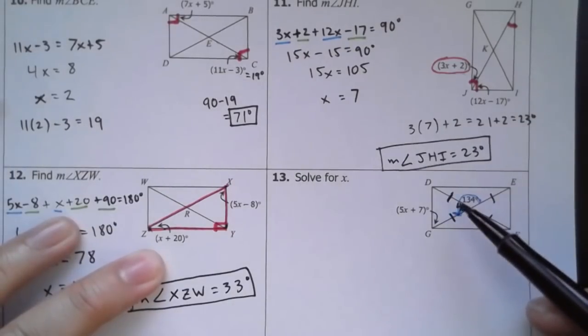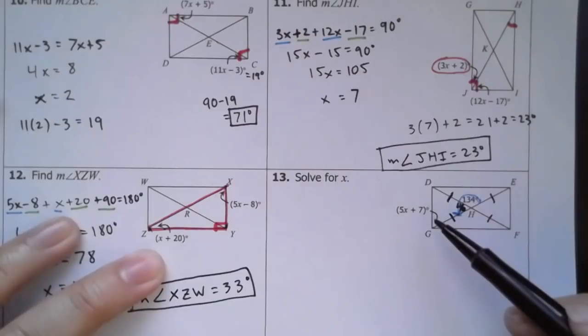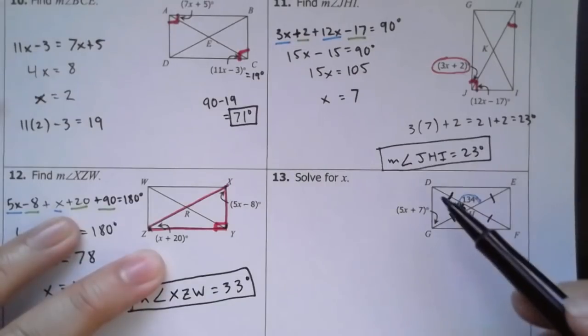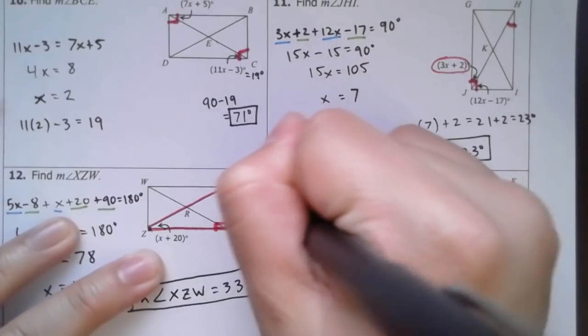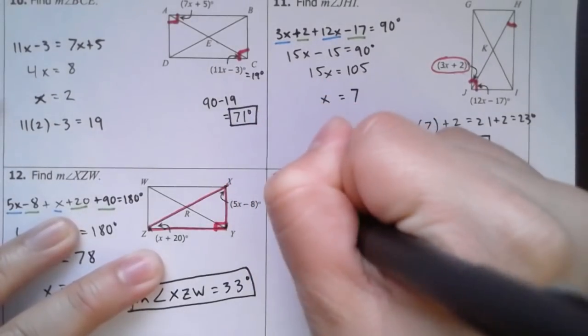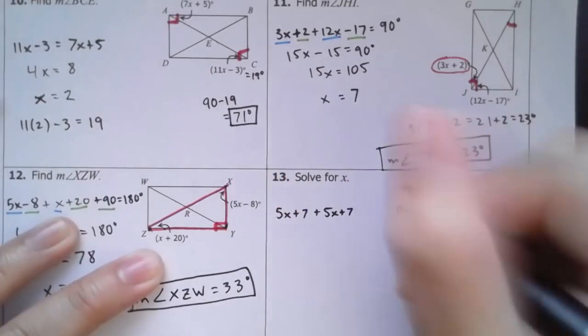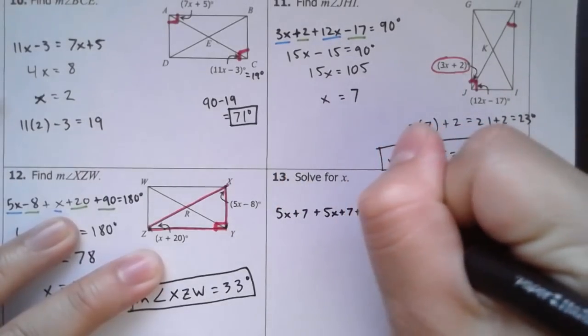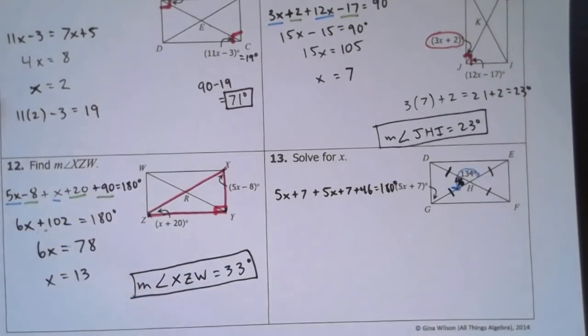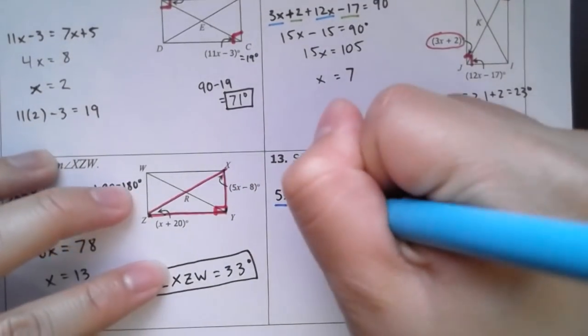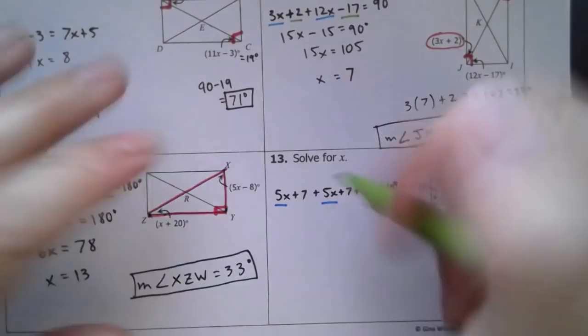So 46 plus 5x plus 7 plus 5x plus 7, they all add up to 180 degrees. Combine like terms, my x's, my constants.